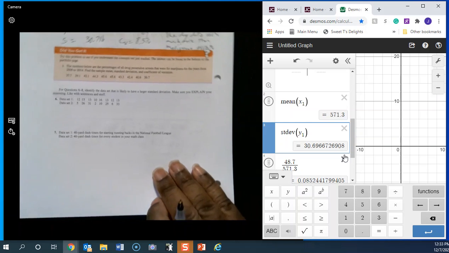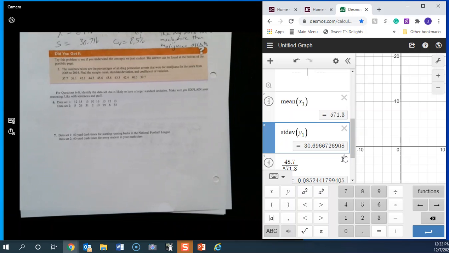Okay, now we go down here to problem number 6. It says for questions 6 through 8, identify the data set that is likely to have a larger standard deviation. Make sure you explain your reasoning, like with sentences and stuff. Okay, we got data set 1, and then we have data set 2.